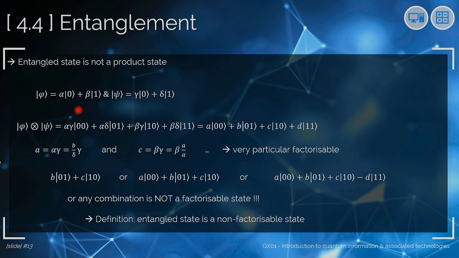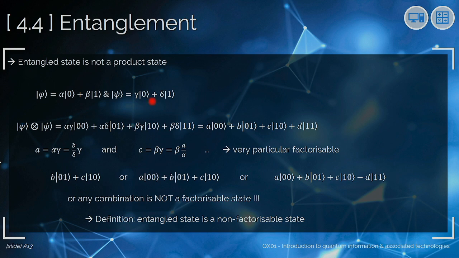Let's tensor product them and have the 4 components, A00 up to what I call D11. And of course, if we do this, then A, B, C, D are linked with alpha, beta, gamma, delta, because this is a particular factorizable state.